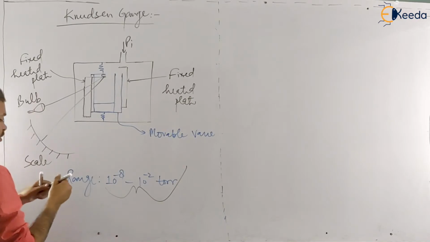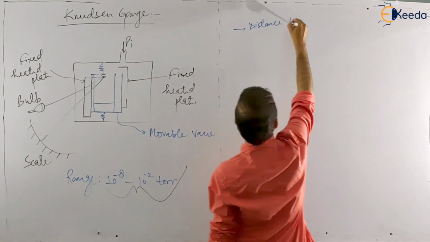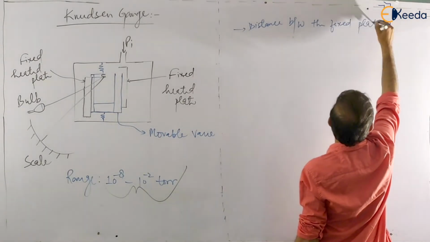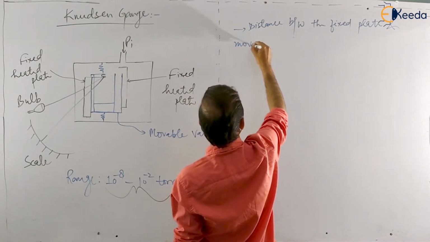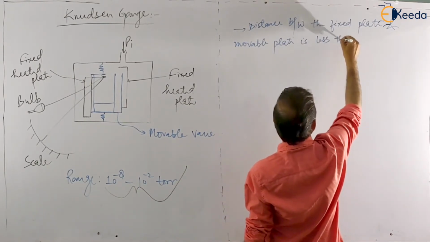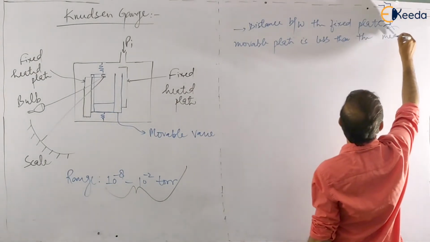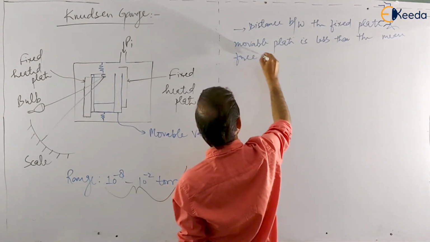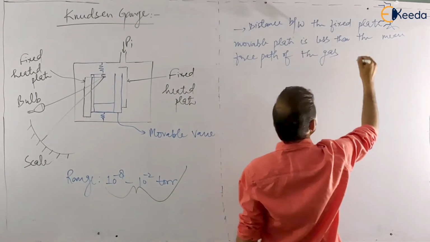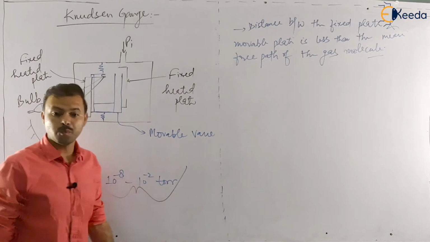So the distance between the fixed plate and the movable plate is less than the mean free path of the gas molecule, right?